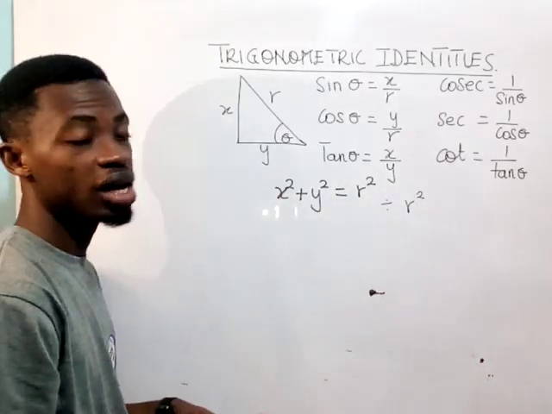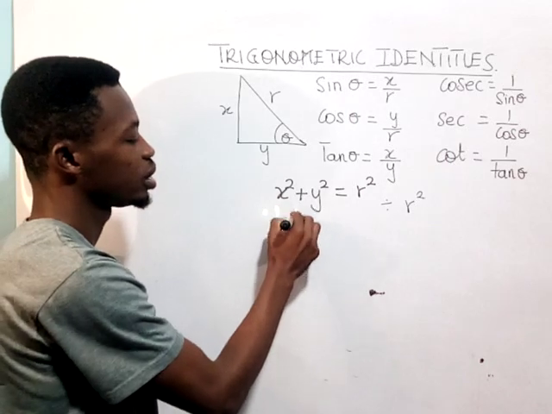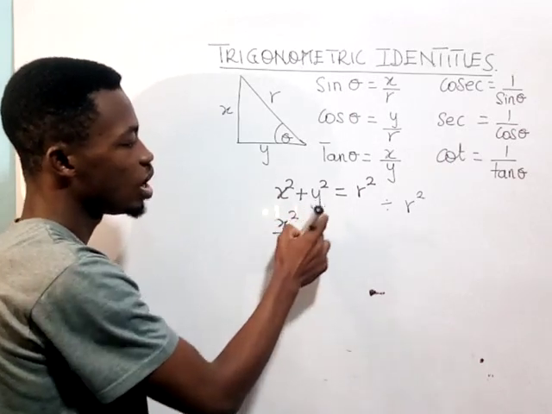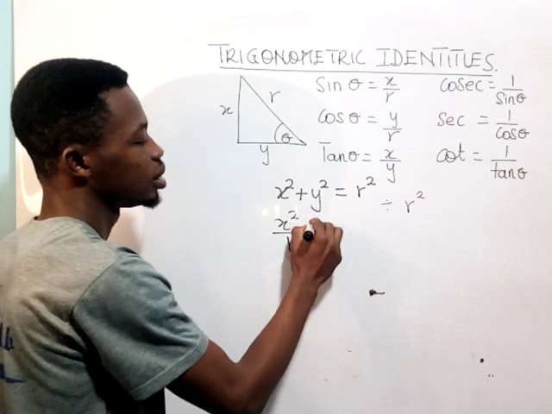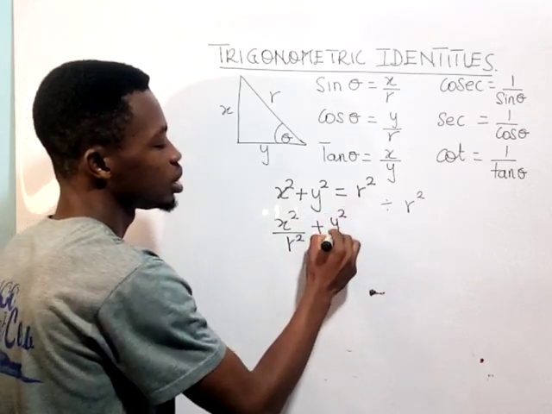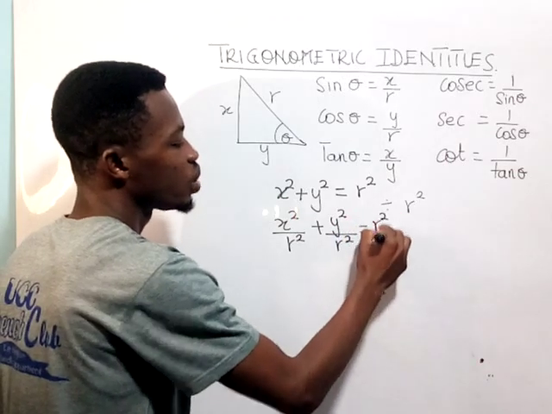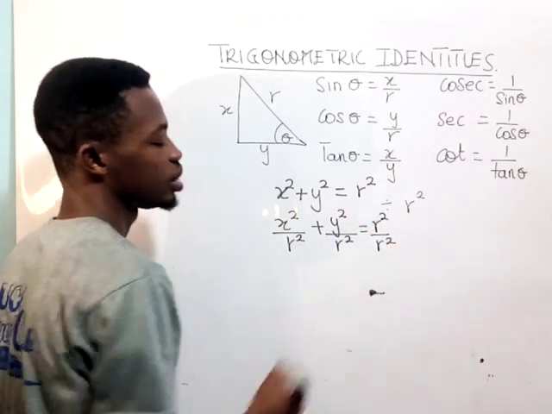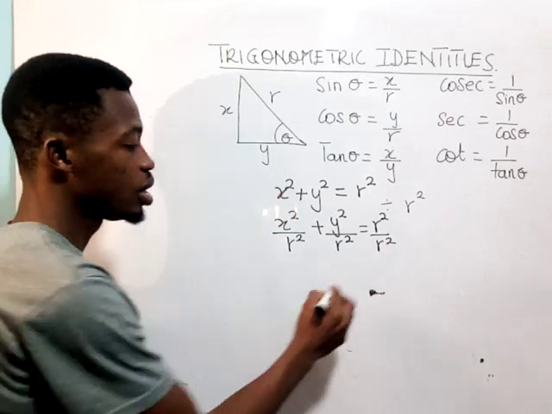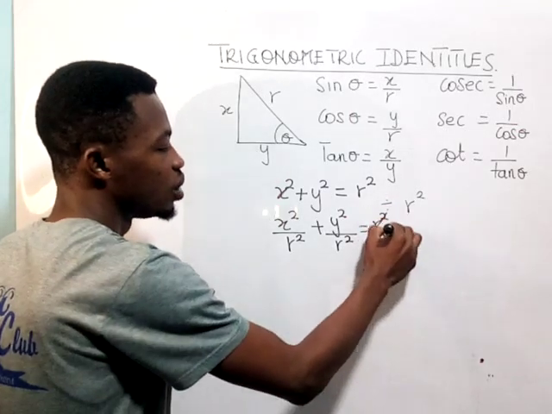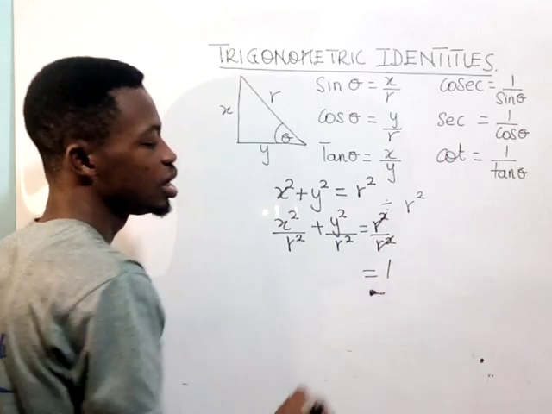When we divide through by r squared, we obtain x squared over r squared plus y squared over r squared is equal to r squared on r squared. Now here, r squared on r squared will give us 1.